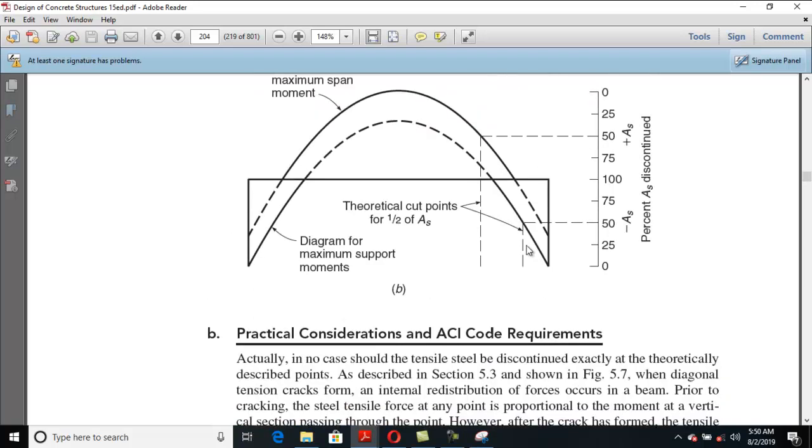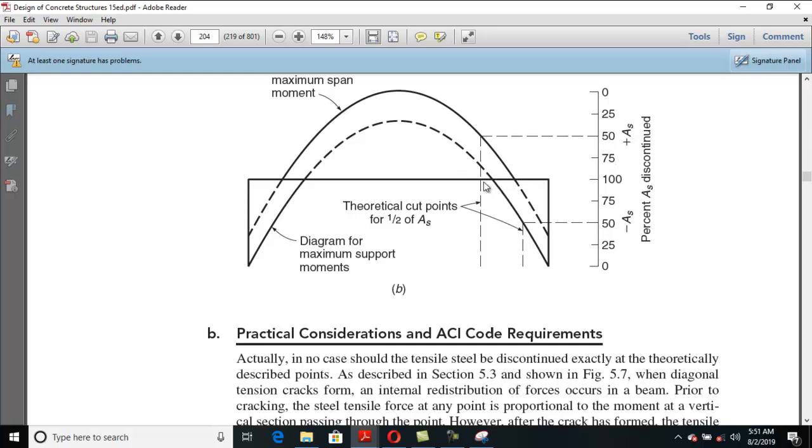There are some restrictions in ACI on theoretical cutoff points, and those theoretical points are extended for positive bars towards the supports by increasing their length by some amount.